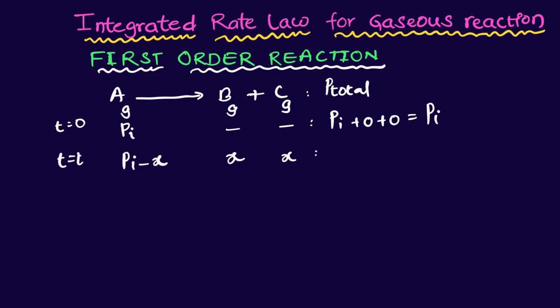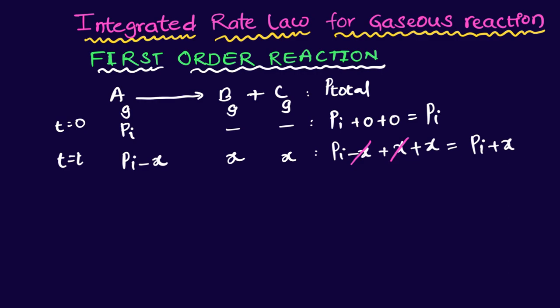All these together, we can say P total is Pi minus x plus x. Now, this minus x and plus x cancel. Therefore, this is Pi plus x.